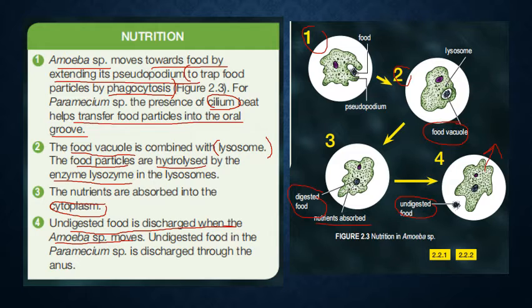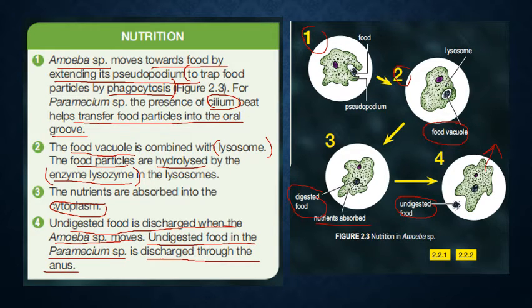Similarly to amoeba, paramecium has lysozyme stored in lysosome, which digests the food particles. Undigested food in paramecium is discharged through the anus.